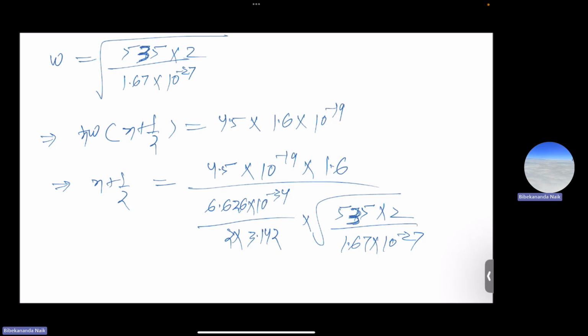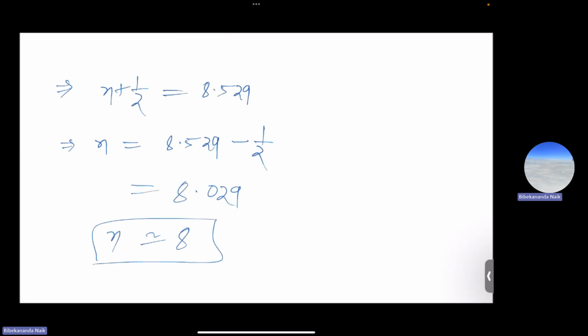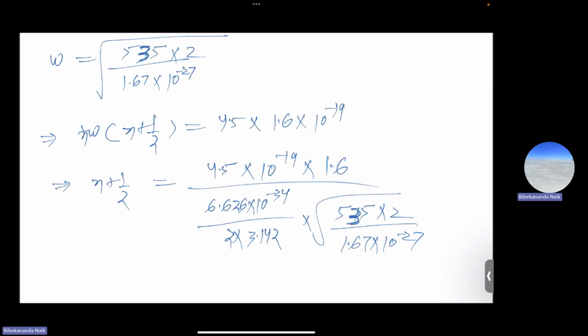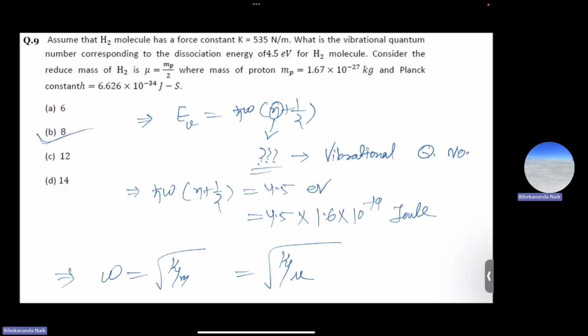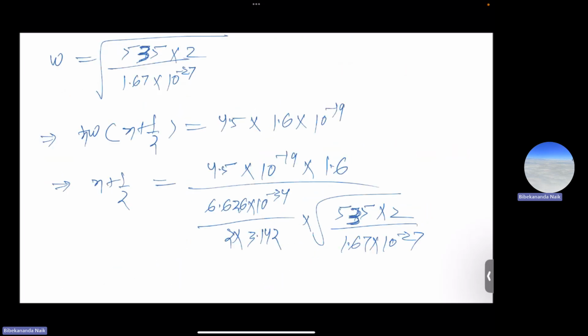If you put all these values, the only unknown is n. So n plus half will be 8.529, so 8.5 minus 0.5 is 8. So the value of vibrational quantum number is 8. This is the correct answer, and option B will be the correct option.